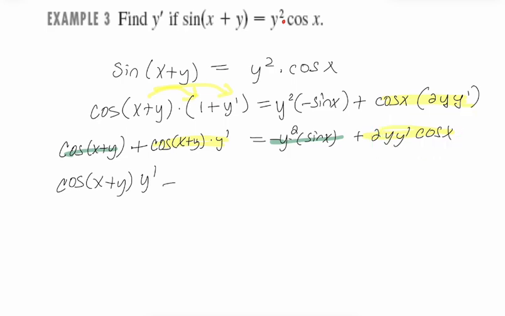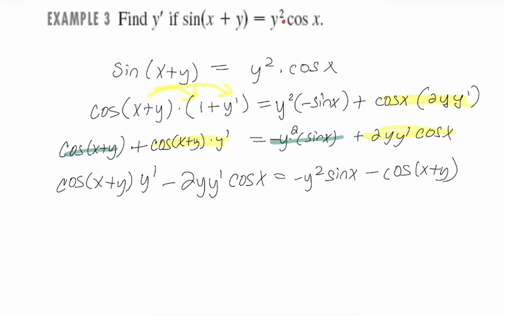So I'm going to minus off 2y prime cosine of x. Now, this one is where it needs to be, but I need to subtract that one. Okay, so it's negative y squared sine of x minus cosine of x plus y.